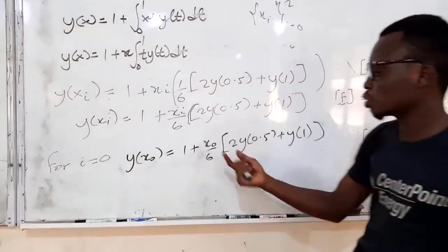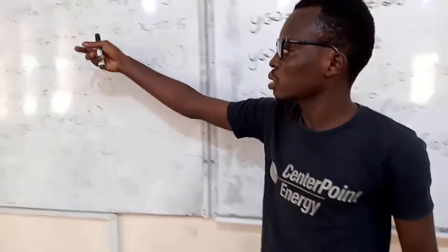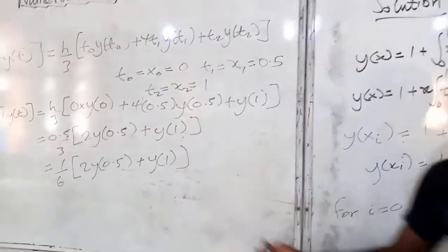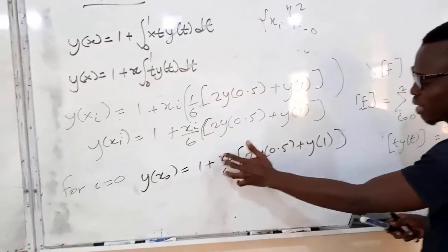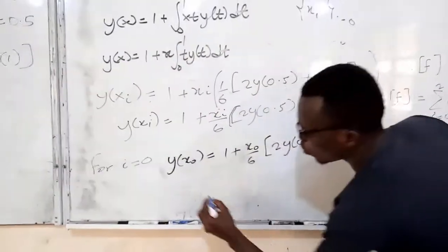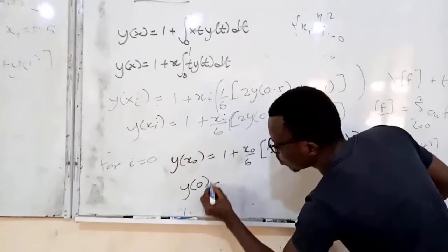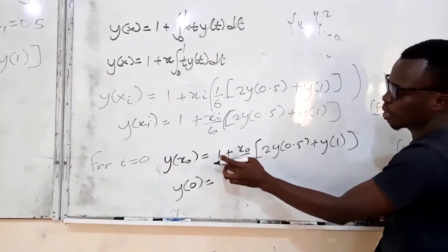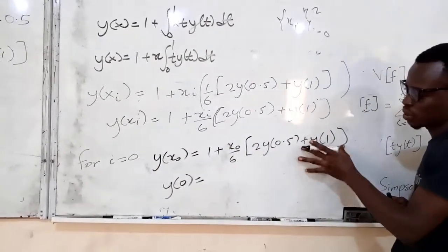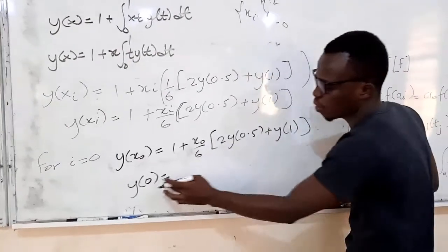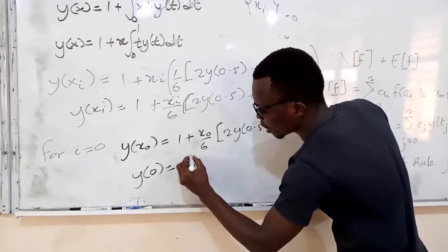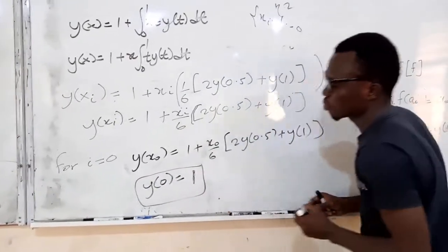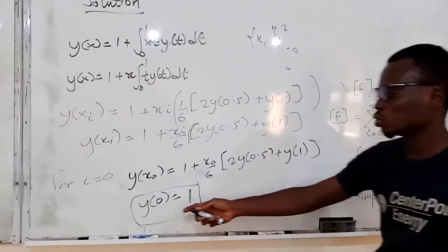And we had our s naught to be 0, which means that the whole of this side will go off. So y of 0 equals 1 plus 0 times the whole of this term, which also goes to 0. So y of 0 becomes 1. This is our first iterative solution: y of 0 is equal to 1.